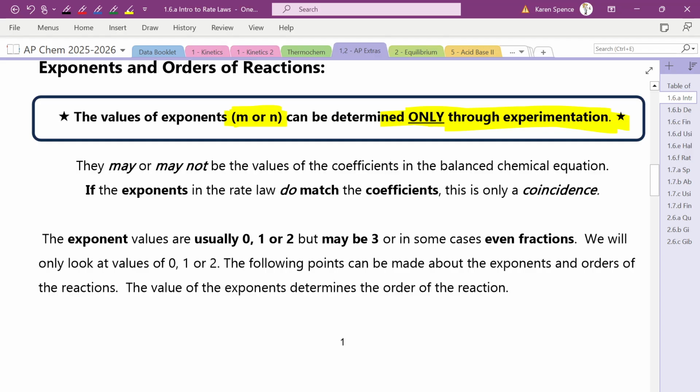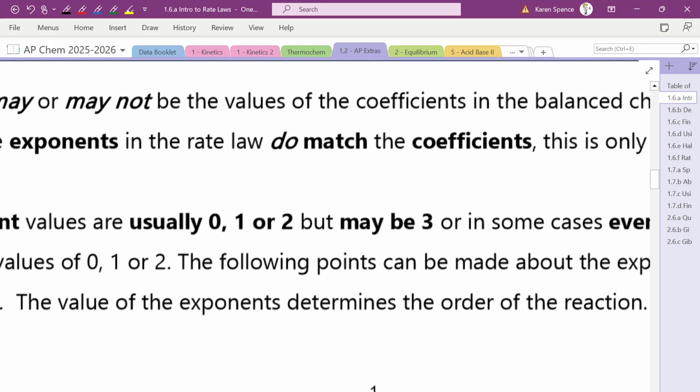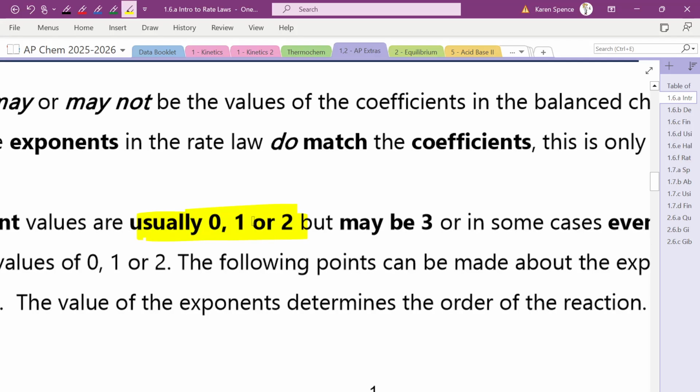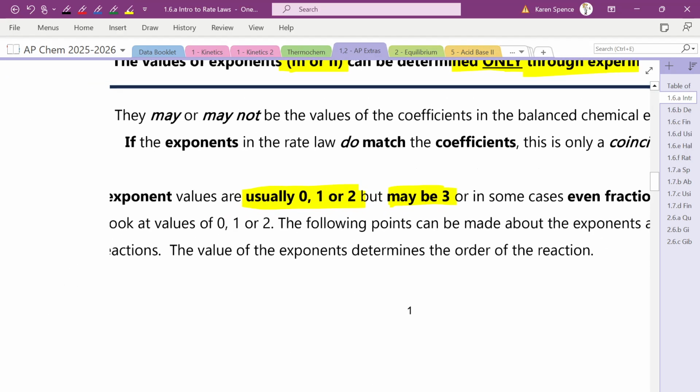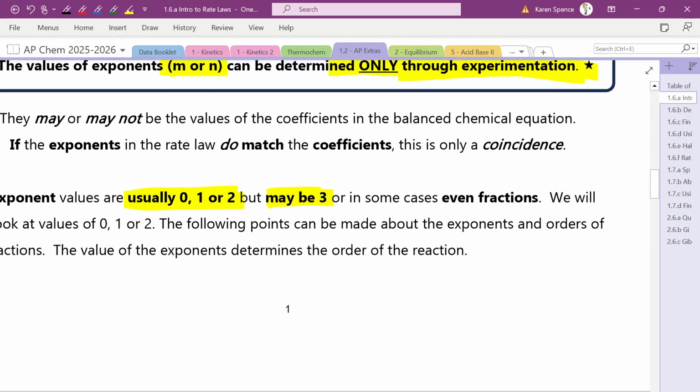They may or may not be the same as the coefficients. If they match, it is only by coincidence. The exponent values are usually 0 or 1 or 2, but maybe 3, or in some cases they may even be fractions.